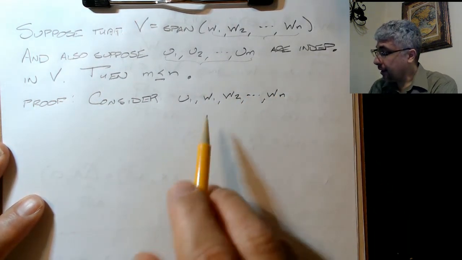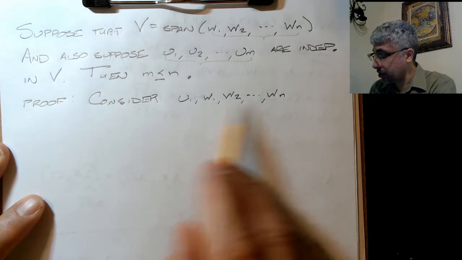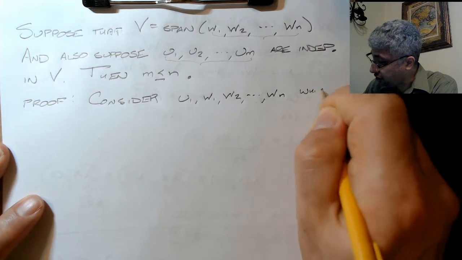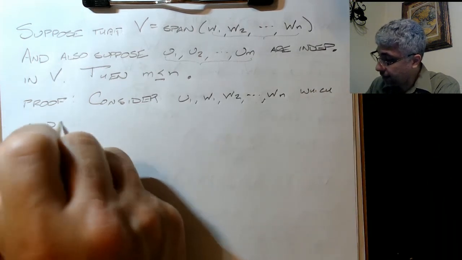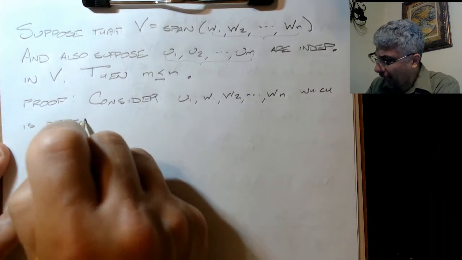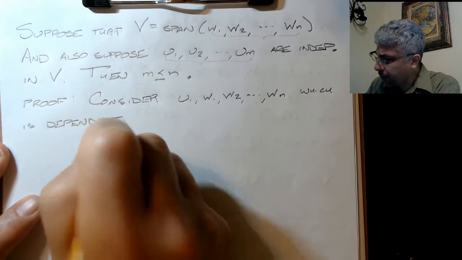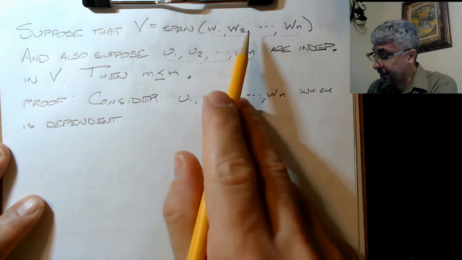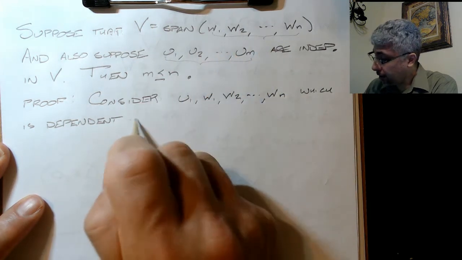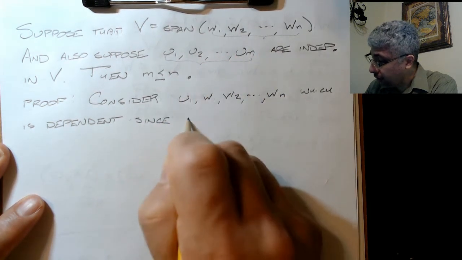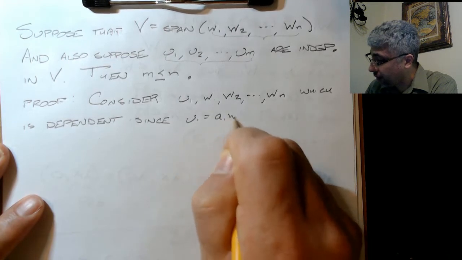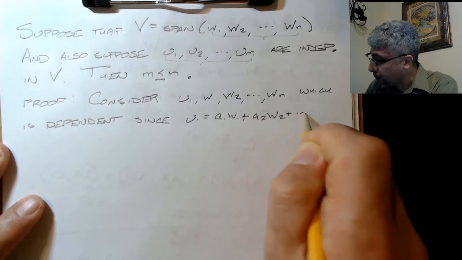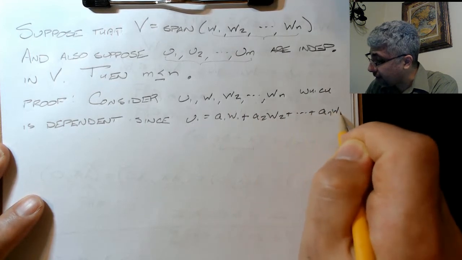Okay, now what do I know about this collection? Well, I know it's dependent. How do we know that? Well, U1 happens to be in V, and V is the span of these vectors. So I know that U1 has to equal A1 W1 plus A2 W2 plus ... plus An Wn.